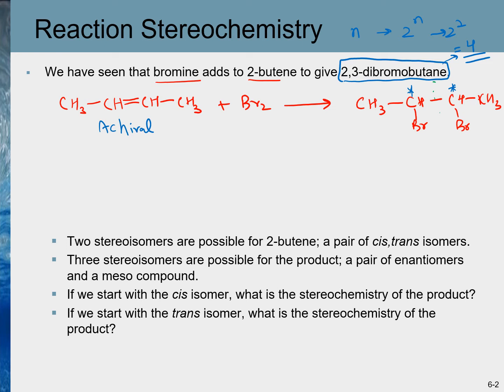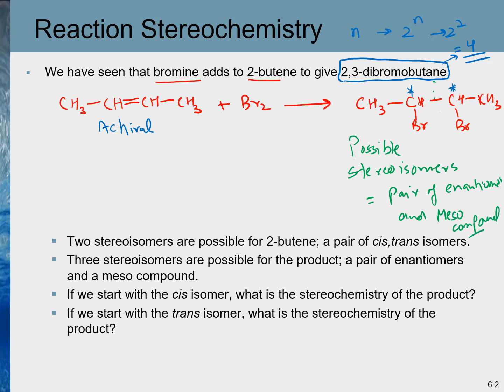So the possible stereoisomers are a pair of enantiomers and a meso compound. Those are the possible stereoisomers for this compound, but I'm not saying that all will be formed during this reaction.